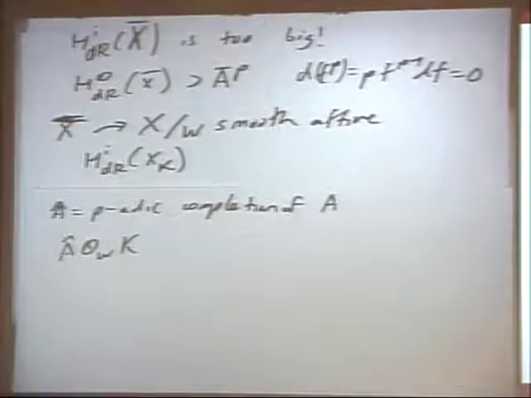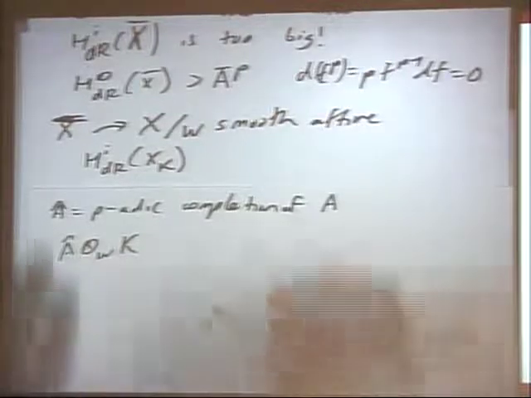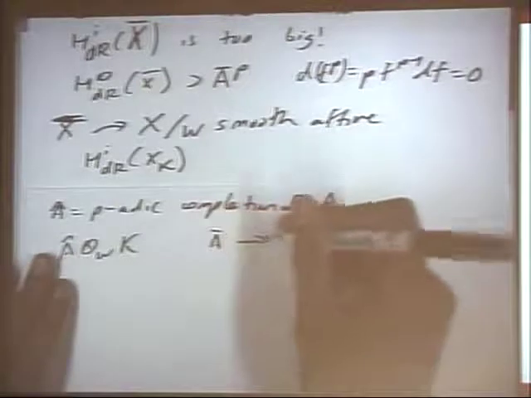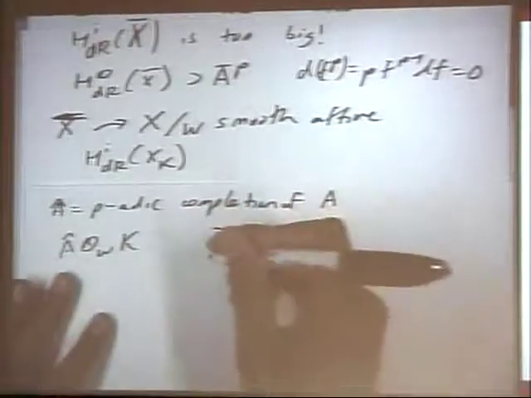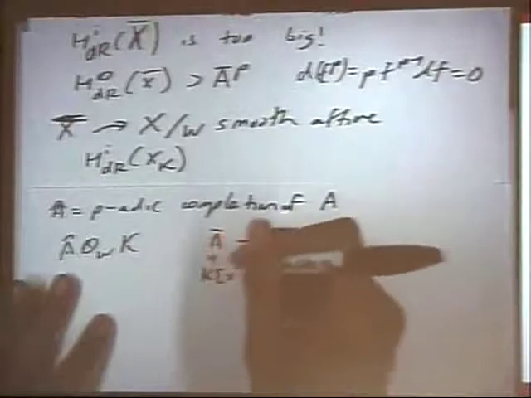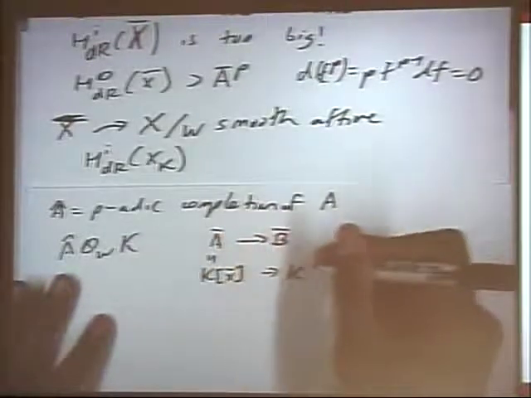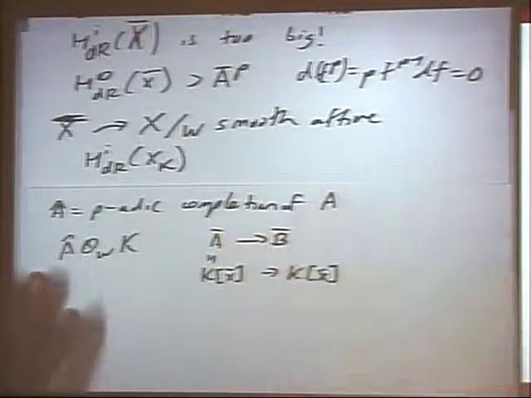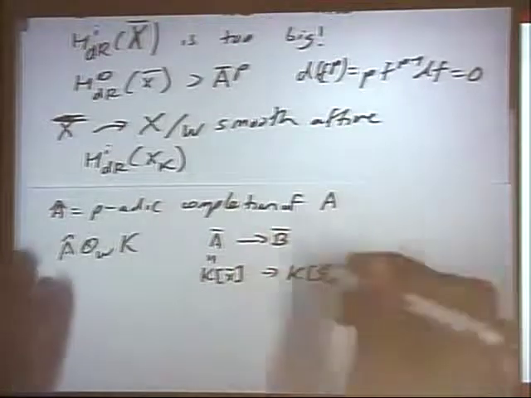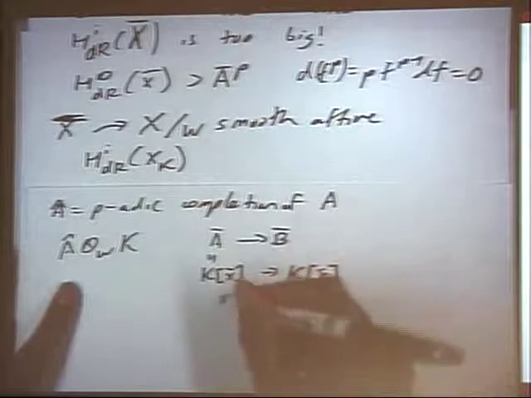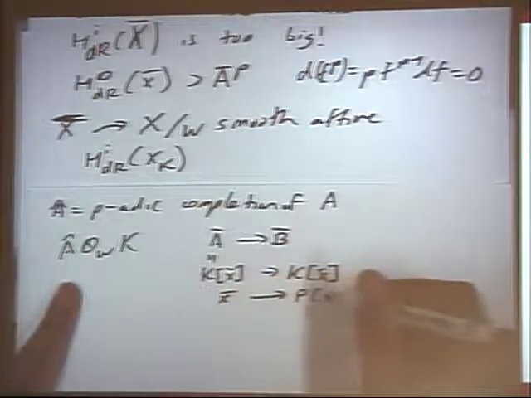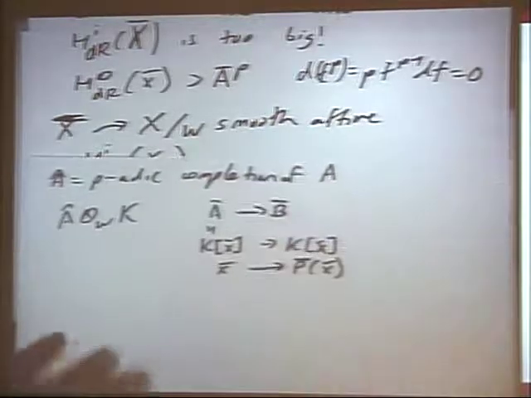You do get a sort of functoriality, which is not obvious, because you can have many maps lifting a given map downstairs. So if you have a map, say, A bar to B bar, let me take a simple example, where this thing is just k bracket x bar, and this thing is also k bracket x bar. You can see I'm carrying the bars to excess here. I've got bars on my variables. So I have some map like this. So this is defined by x bar goes to some polynomial, p bar.